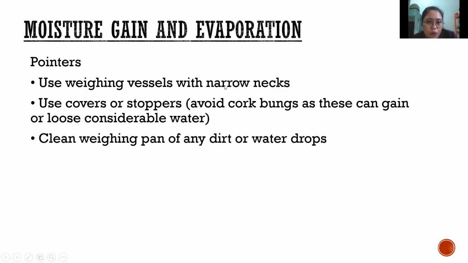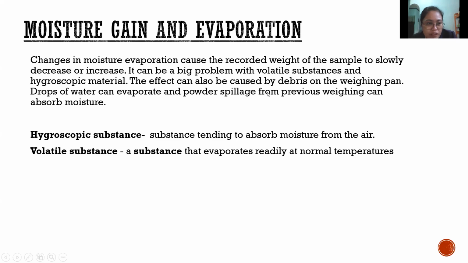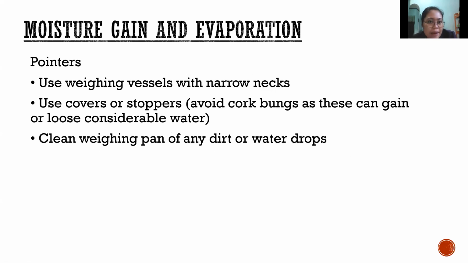Okay? So, if you know that your substance is hygroscopic, at the same time, ang iba is volatile, what are we going to do? We have to use weighing vessels with narrow necks para kung hygroscopic, limited ang air nga makasulod, and kung volatile, dili siya basta-basta mag-volatilize.